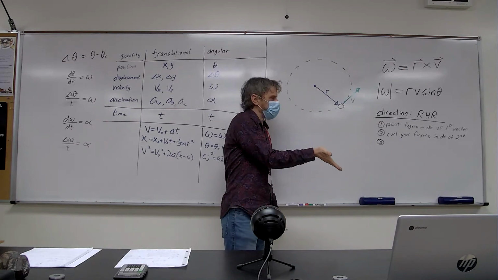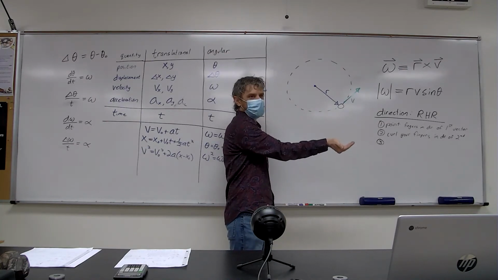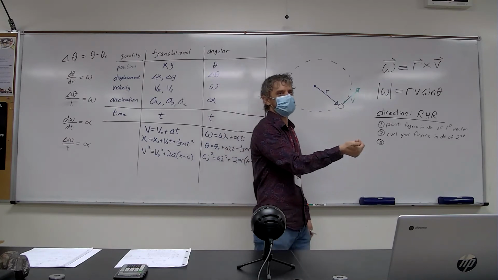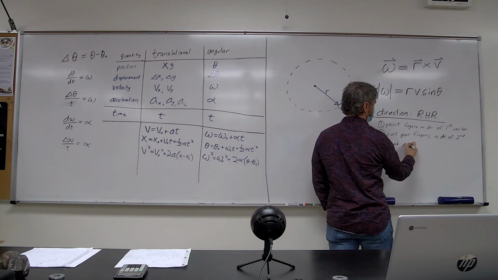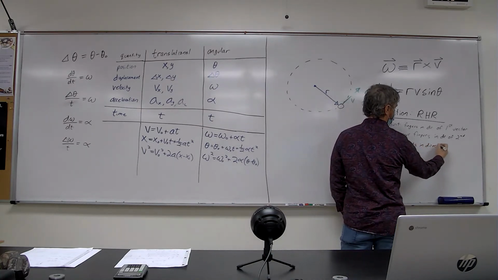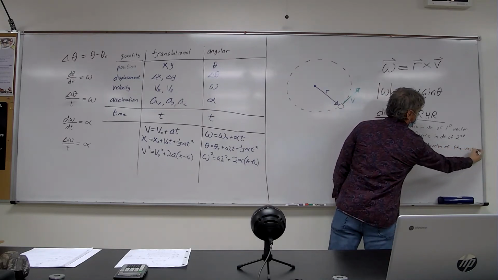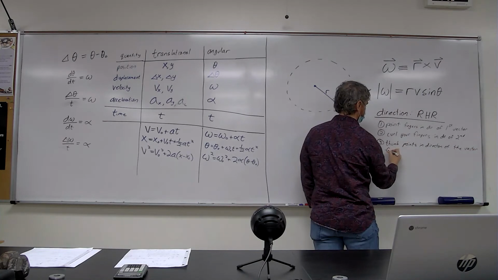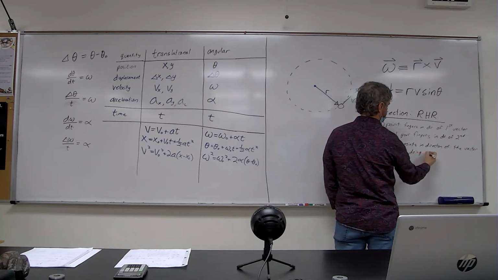So you put your fingers in the direction of R, curl them in the direction of V, so they point in the direction of V. Your thumb points in the direction of omega, or your thumb points in the direction of the vector that is formed by doing the cross product.